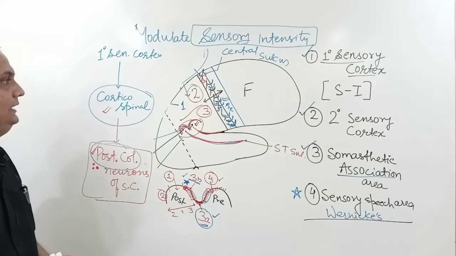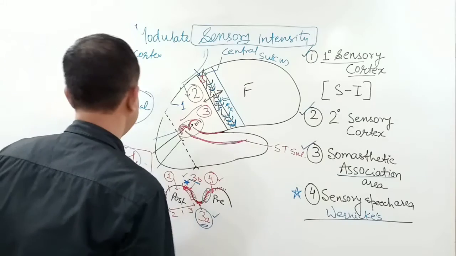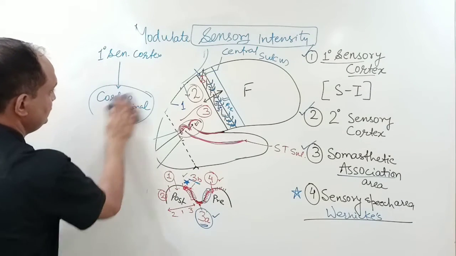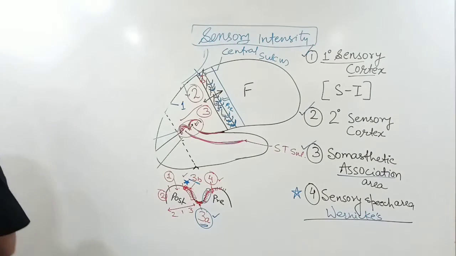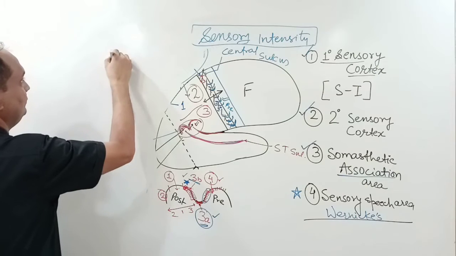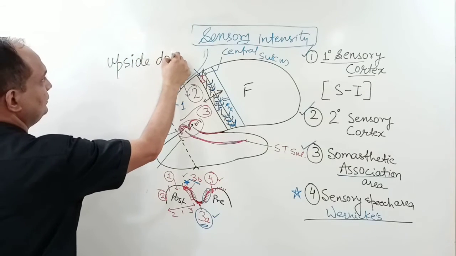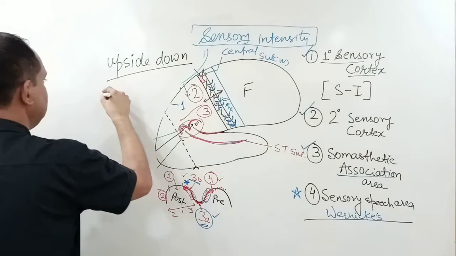Now when you see this primary sensory cortex, in this sensory cortex we also have the representation of the body, and that representation, just like the motor cortex, is upside down, and it is also known as the sensory homunculus.